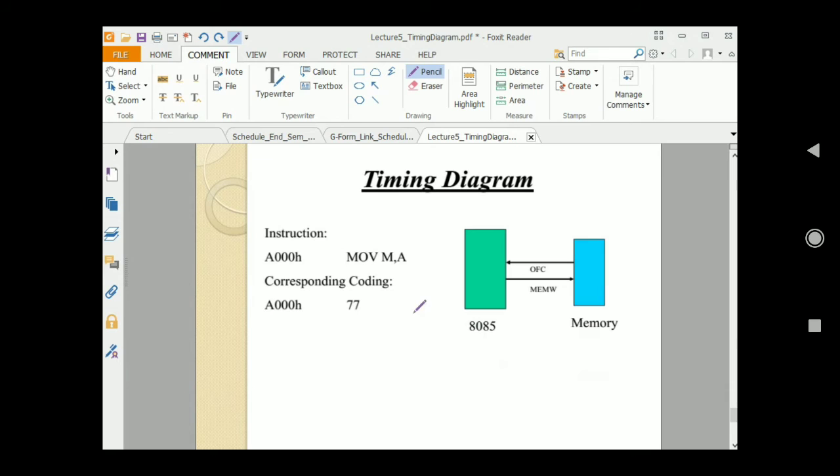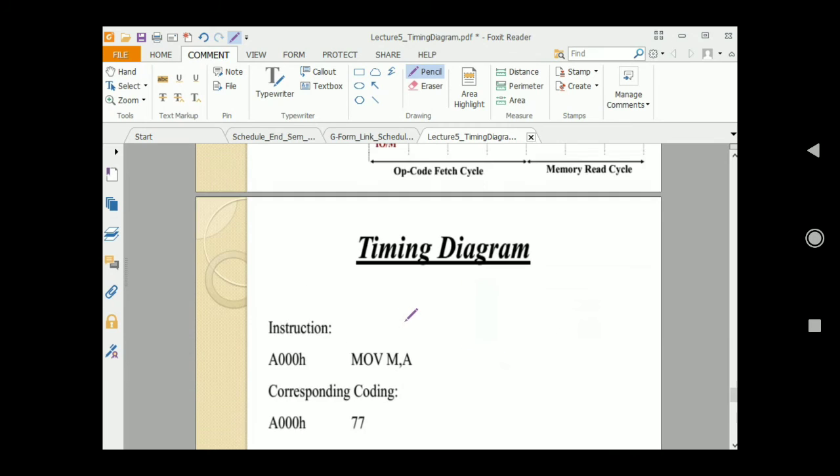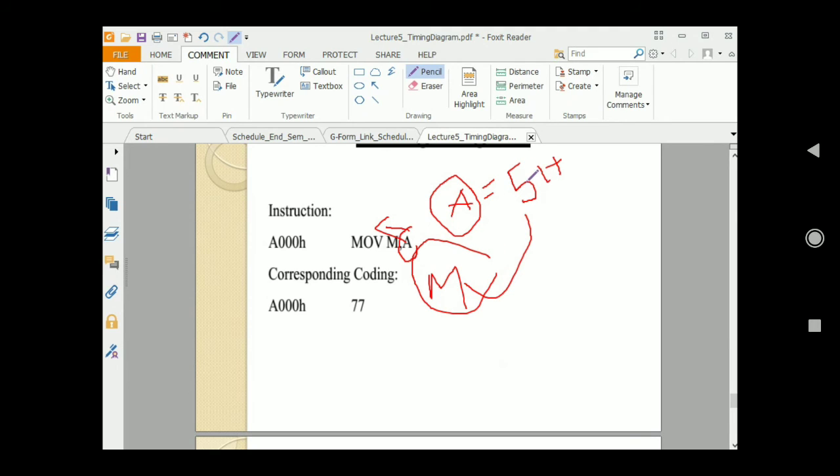So I am going to here इसमें क्या है, accumulator में जो भी है memory में move करना है, that means going to write. मेमोरी में कुछ सपोज accumulator में 5 है, already 5 is present in my accumulator. I am going to move this particular 5 into my memory M. Memory M में ही डालना है. That is nothing but a write operation.